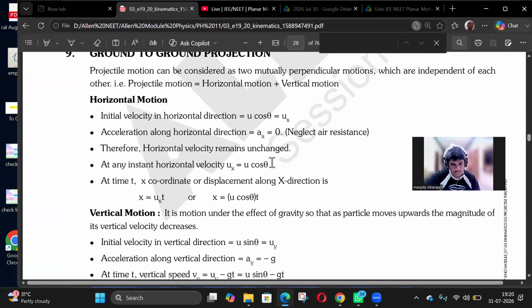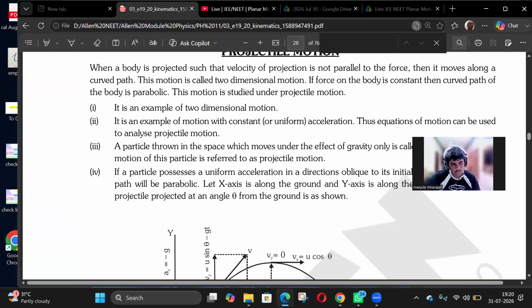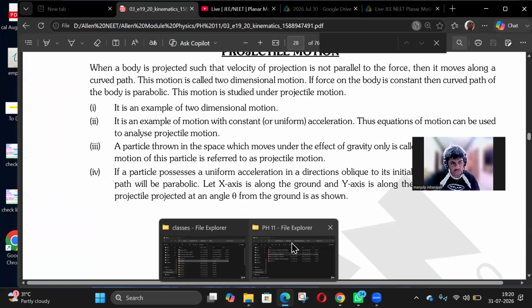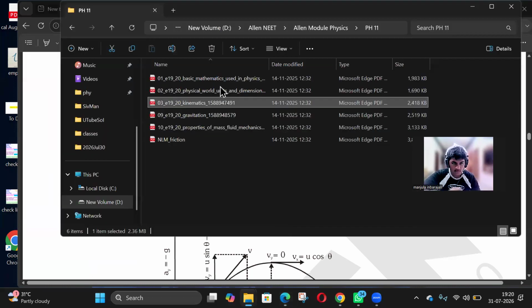Yeah, it comes in basic mathematics, isn't it? Basic maths.